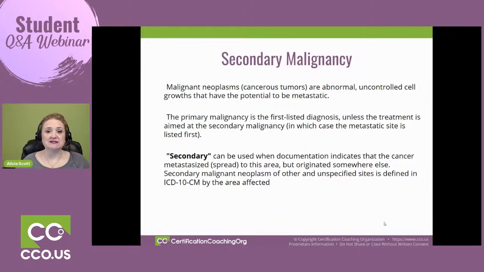Really what this means is the cells that are abnormal or cancerous have taken a pathway to another area. Sometimes it goes via the lymph nodes. Sometimes it goes through the bloodstream. Sometimes just because it's in contact, the organs would be close together, right?